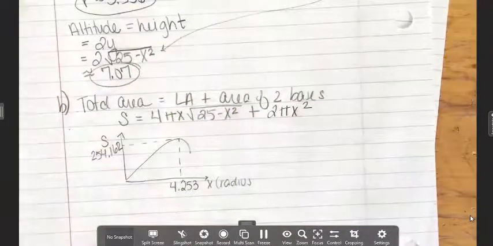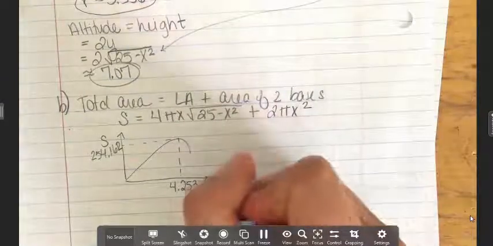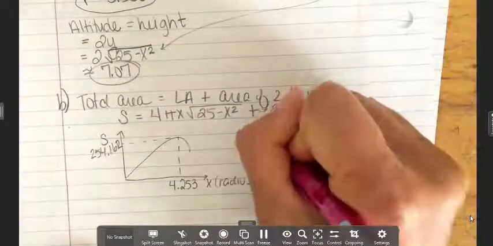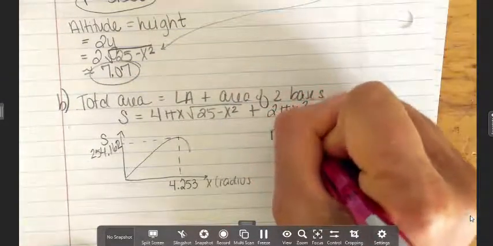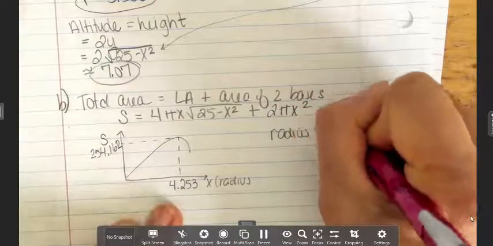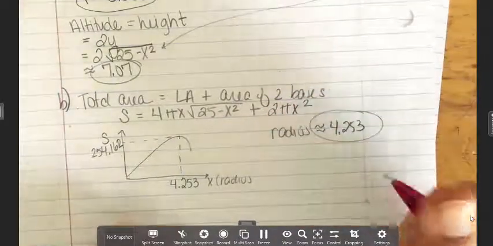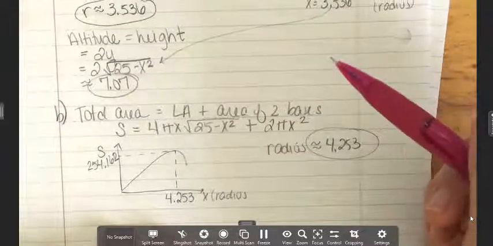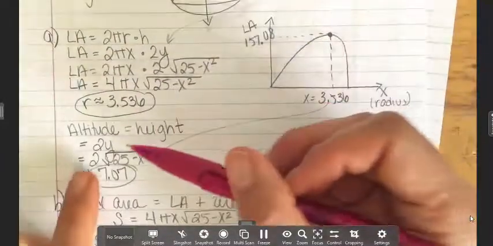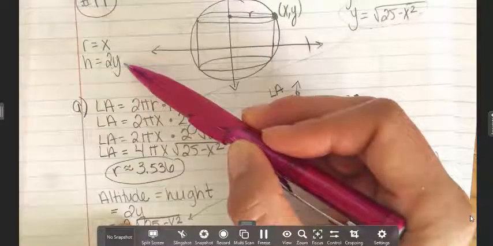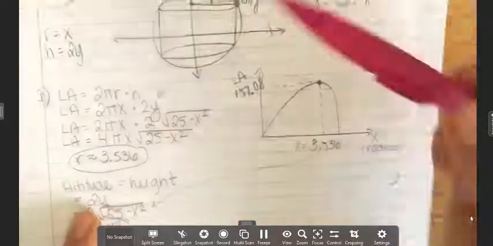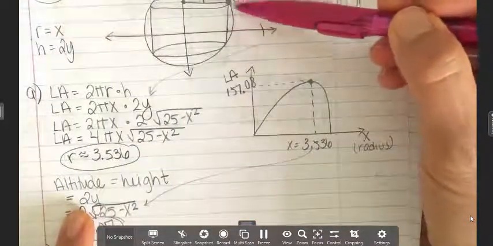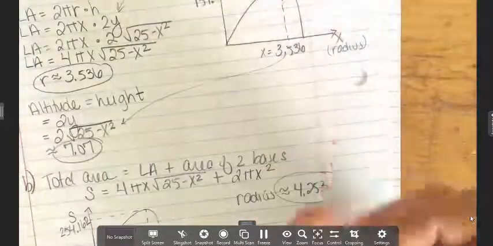Okay, back to my question. Find the radius and altitude of the cylinder. My radius is this value, 4.253. And then for the altitude, we've got to go back, and we have an equation for the altitude. If you remember from the last one, it was 2y, right? We want double the height, double our y value, which we've gone over now several times.